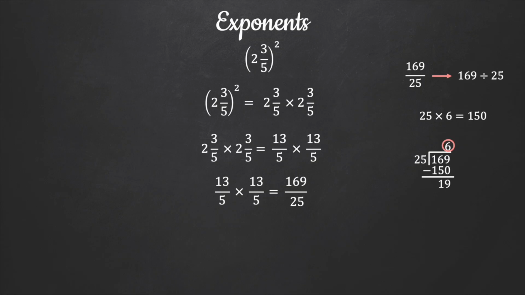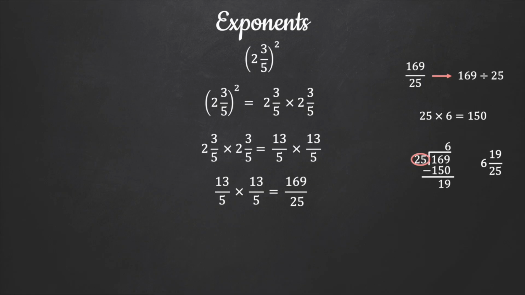So 25 goes into 169 6 whole times, making our whole number 6. Then we have a remainder of 19, meaning we have 19 parts out of 25, because that's what we're dividing by, and that's how much we need to make a whole.